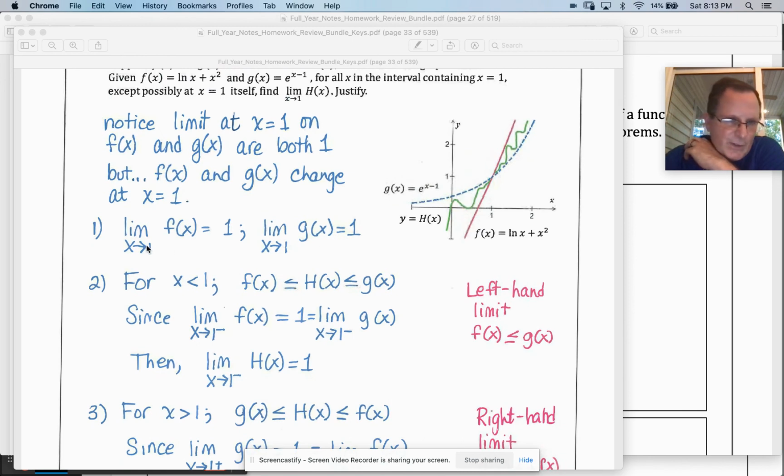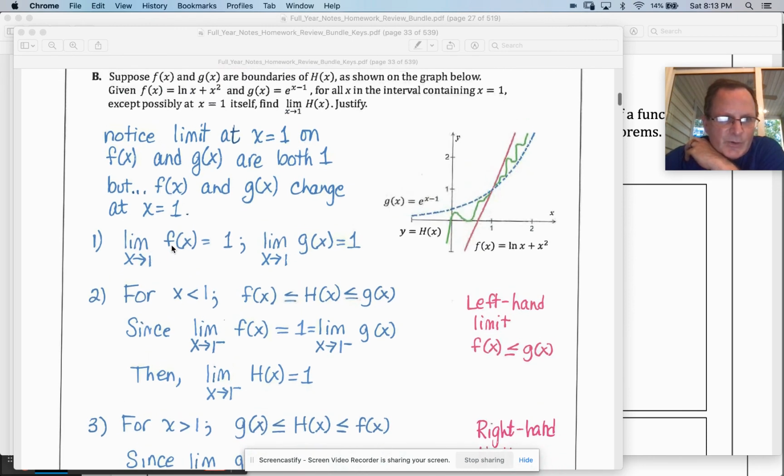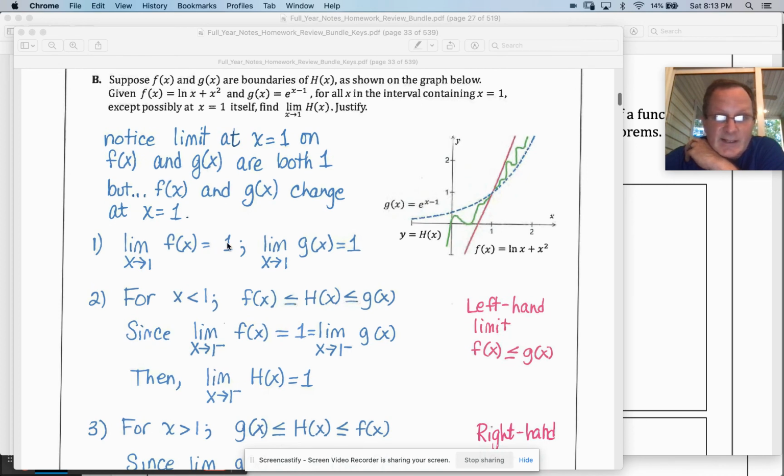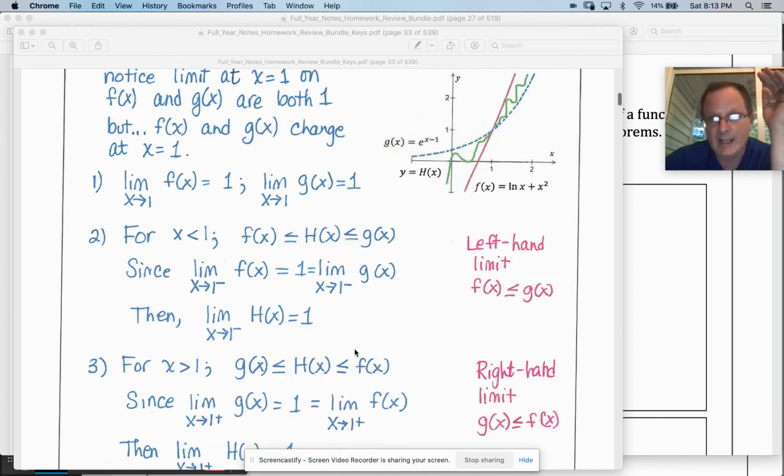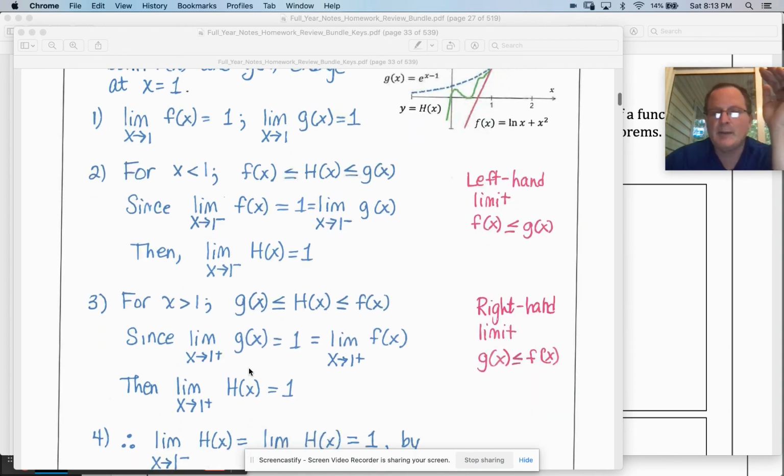So the limit as x approaches 1 of f of x is 1, and they substituted in, and g of x is 1. For the less than one side, it went blue, green, red, from the left. On the right hand side it was red, green, blue, and they approached the limit from the right hand side.